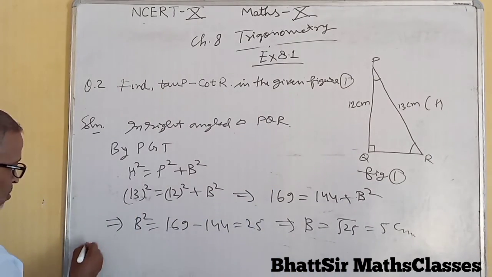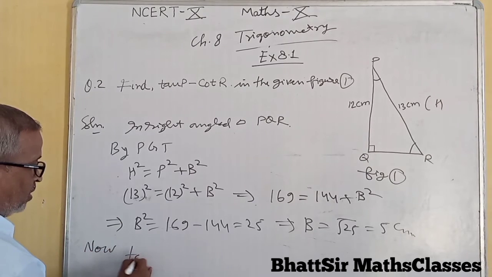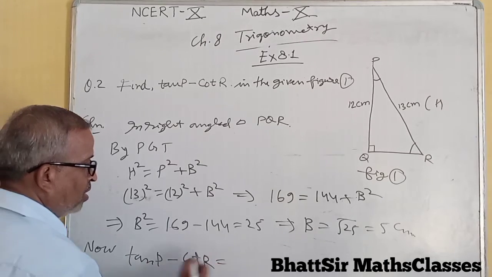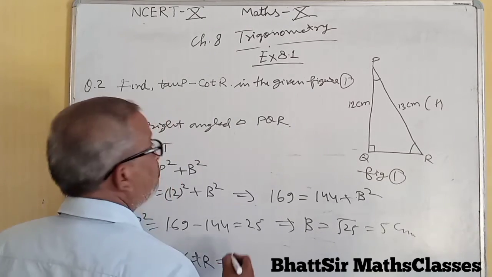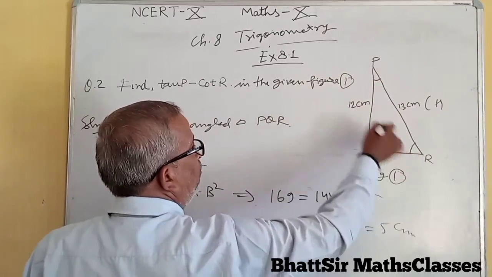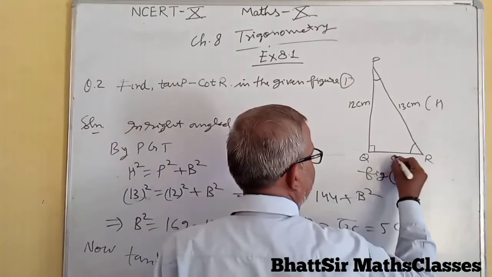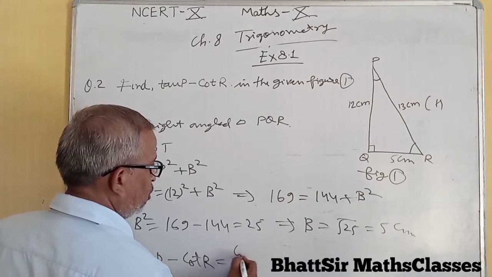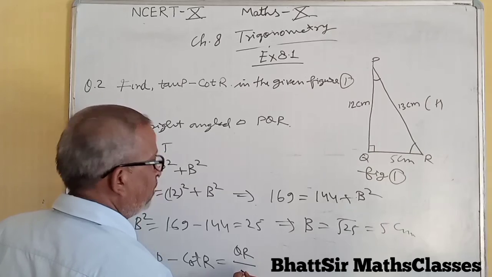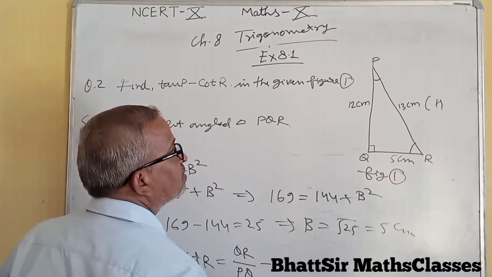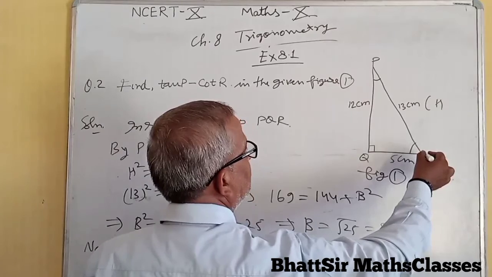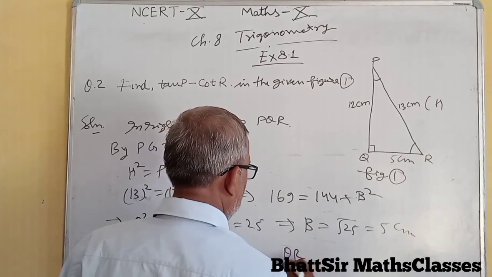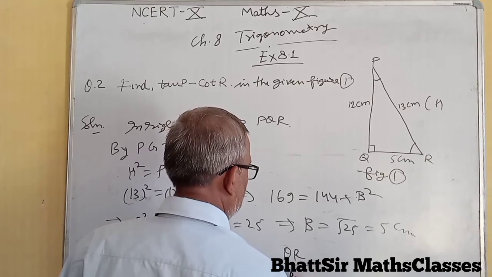Now tan P minus cot R. Tan P, for angle P, is perpendicular over base, QR upon PQ, minus cot R, base over perpendicular, QR upon PQ.